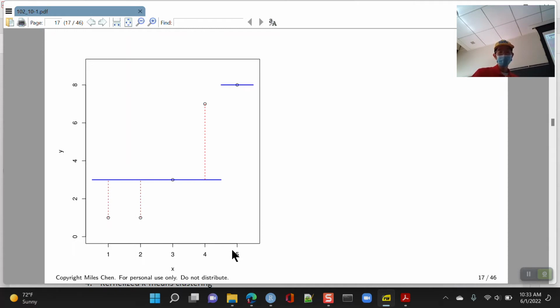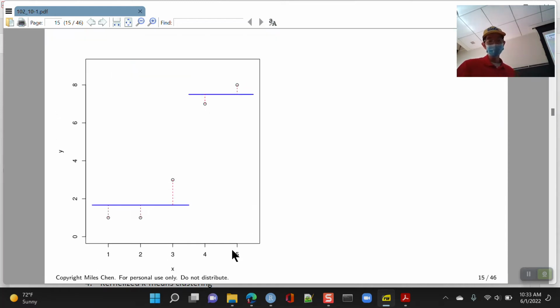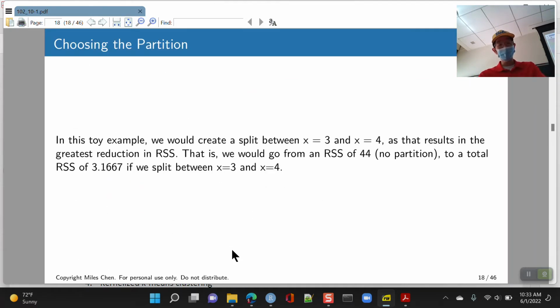Okay, so looking at all of our potential splits, we would say this one's the best split. This one ended up with an RSS of 3.1667. So we go through our data, and this is where we would split. We would split between x equals 3 and x equals 4.